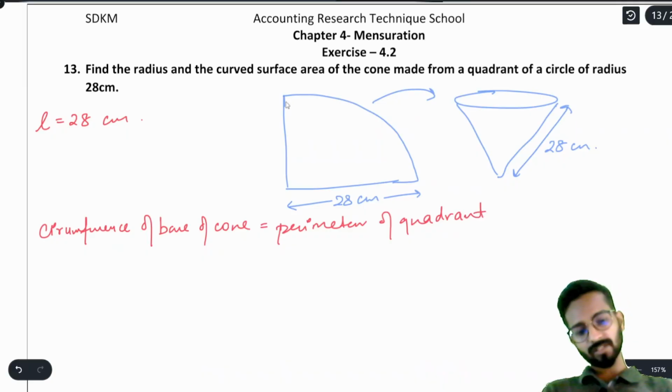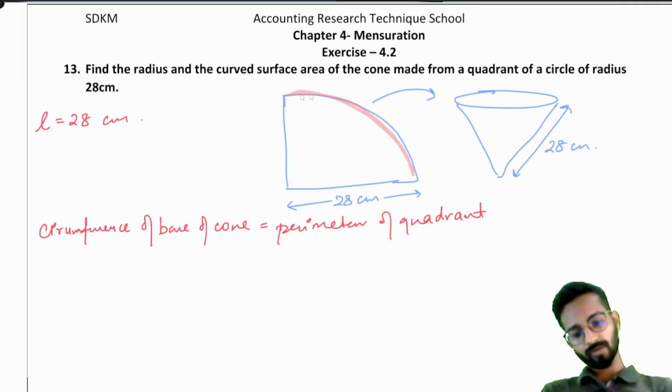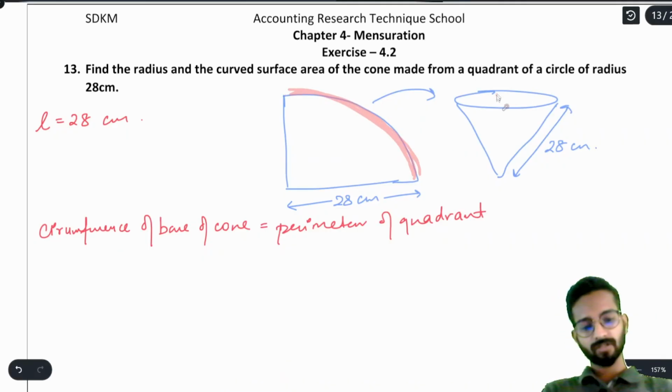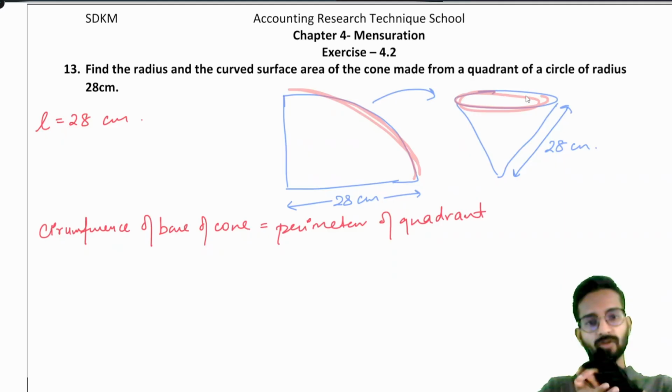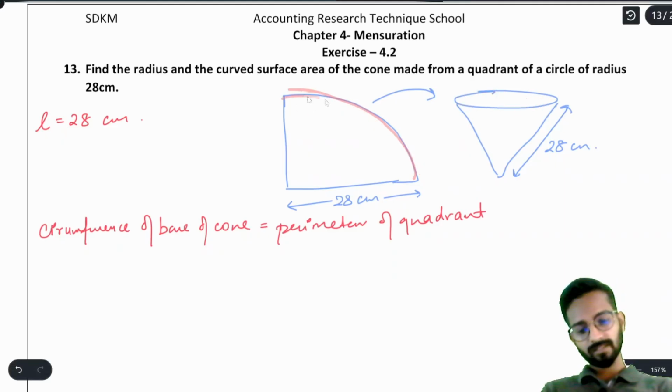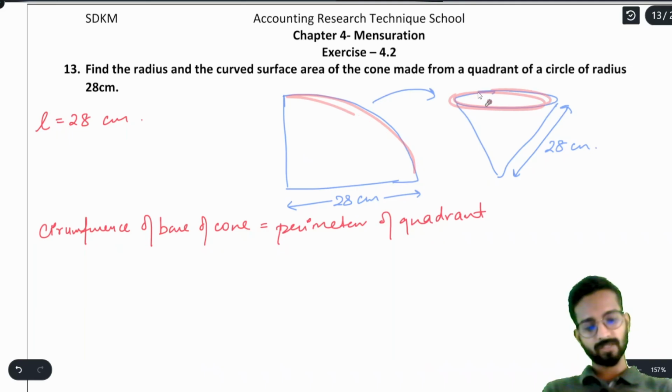The perimeter of the quadrant will be this part, this boundary. When you convert it into this cone, this is that boundary. You can take paper of quadrant shape and form a cone. You will realize that this is the perimeter, and when you convert it, it will be this part. So I can say the circumference of this base will be equal to the perimeter.